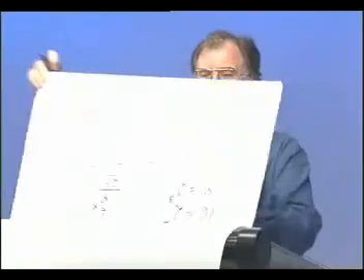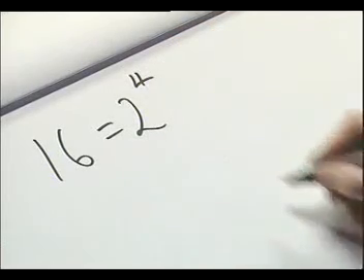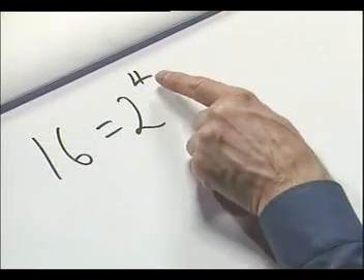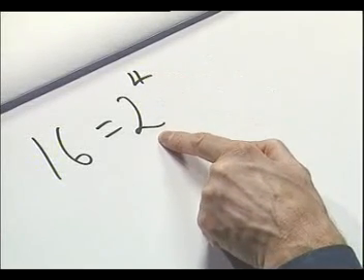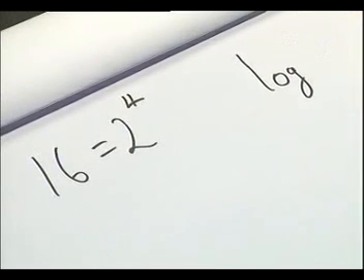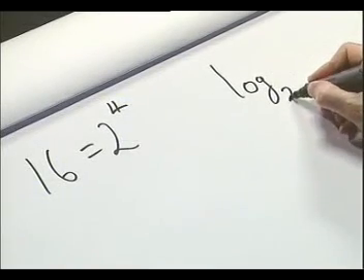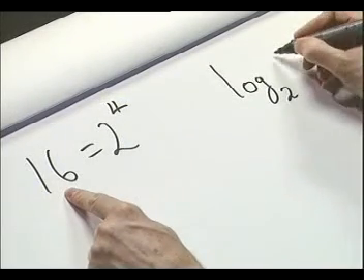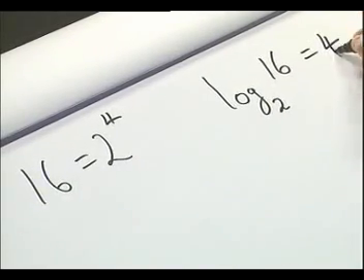So, what exactly is a logarithm? Let's start with this: 16 is 2 to the power 4. This is the power, the index or the exponent, and this is the base. If we take the logarithm, which we usually write as log, to base 2 of this number 16, then the logarithm is 4.